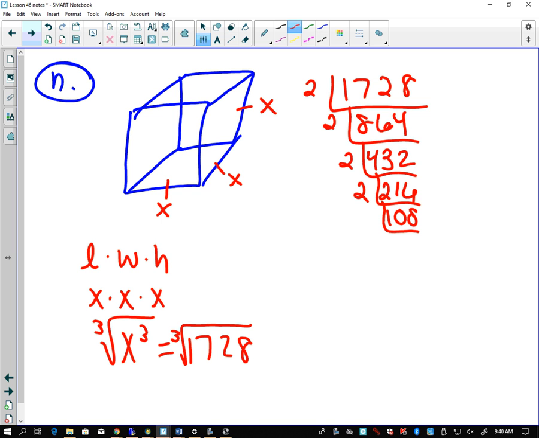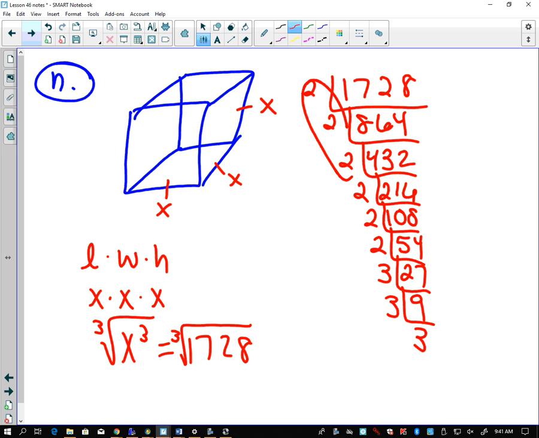And then 54, and then keep dividing. Okay. And so what are we looking for? We're trying to pull out how many of a number? 3 of a number. So do I have 3 of anything in specific?